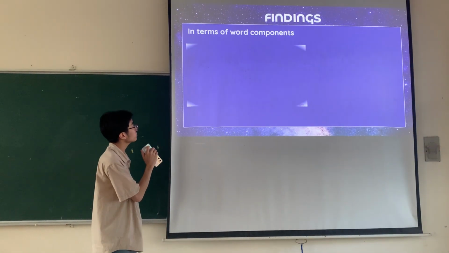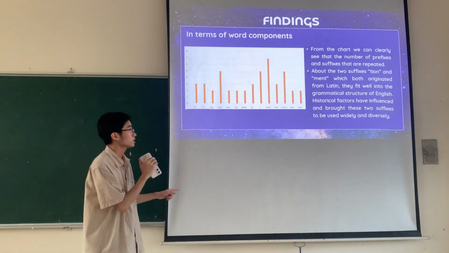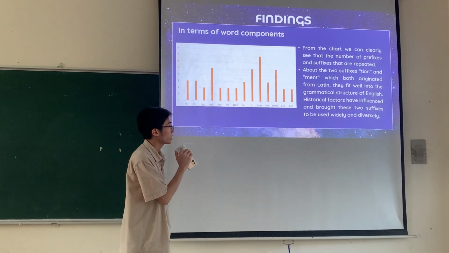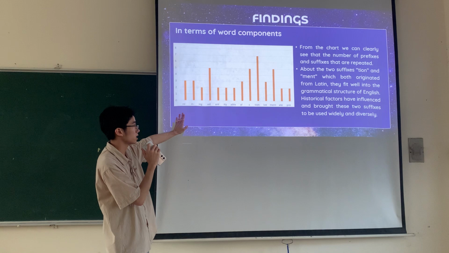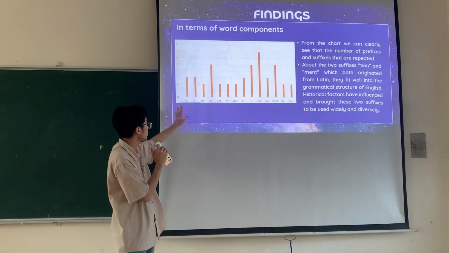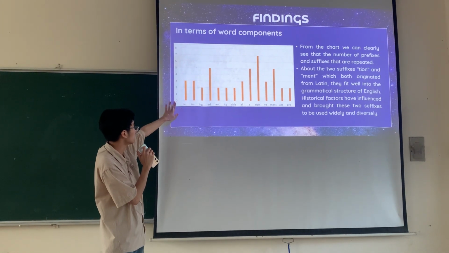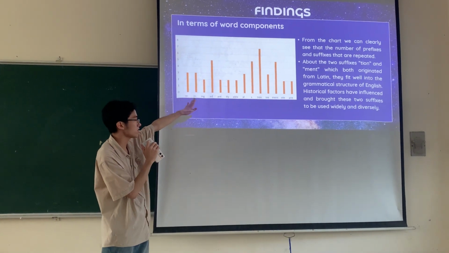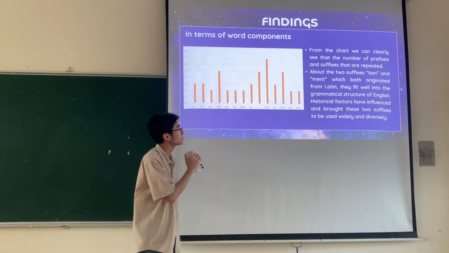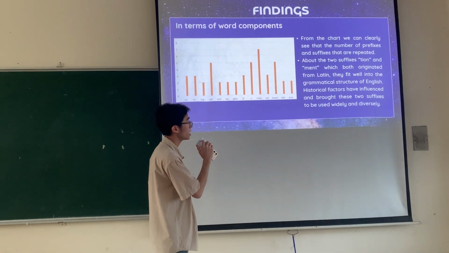Here we have the chart, and we can clearly see the number of prefixes and suffixes that are repeated. For example, re is repeated 3 times and ing 2 times, and so on.